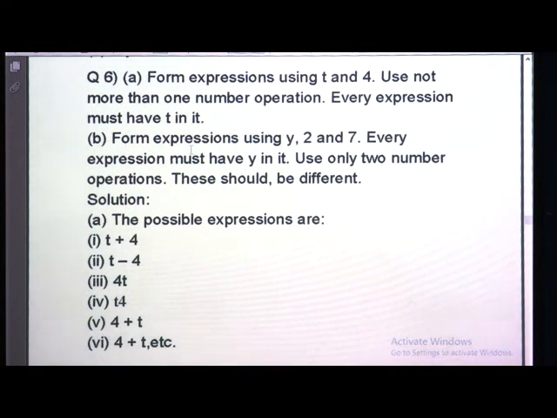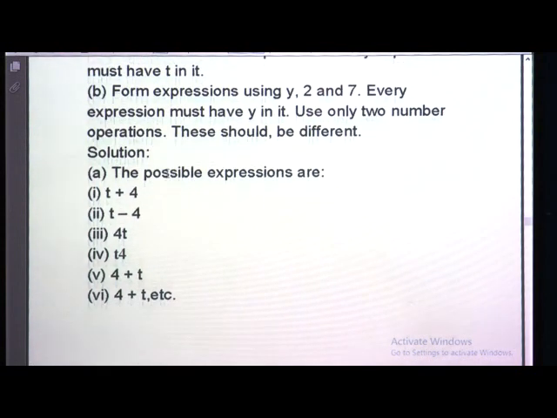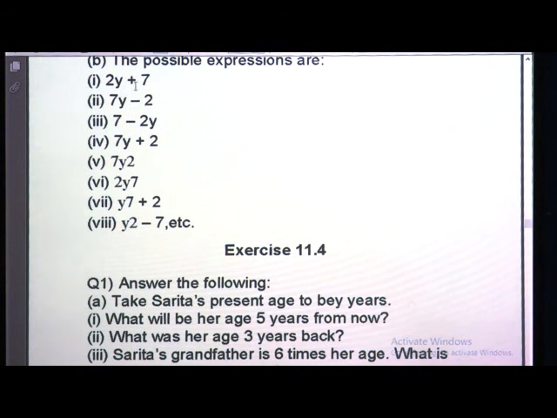Next, form expression using y, 2 and 7. Every expression must have y in it. Use only two number operations. So 2y plus 7, 7y minus 2, 7 minus 2y, 7y plus 2, 7y2, 2y by 7, y7 plus 2 and y by 2 minus 7.